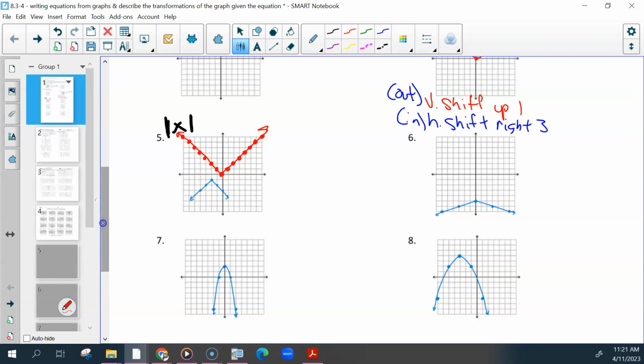So I plotted more points than the one that's drawn has, and that's okay, because the arrows mean it's going to keep going forever and ever in both directions anyway. And we'll talk about the transformations first, and then talk about the equation.